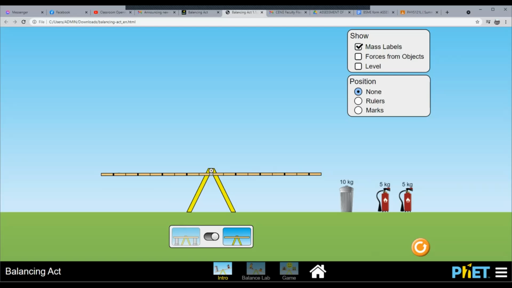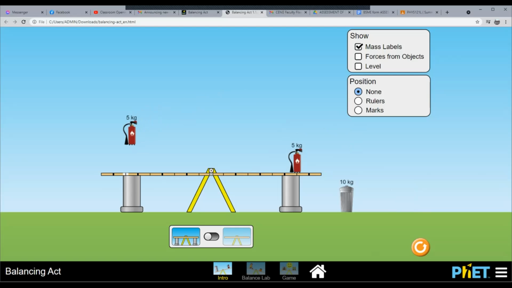In any engineering structure, you would encounter supports. This is what I am talking about, supports. You would notice that the supports would maintain equilibrium condition. Say for example, we add the 5 kilogram here, there is no effect on the structure. If you add a 5 kilogram here, there is no effect on the structure simply because we have a support there. Let's see what would happen if we place 5 kilogram here and another 5 kilogram here.